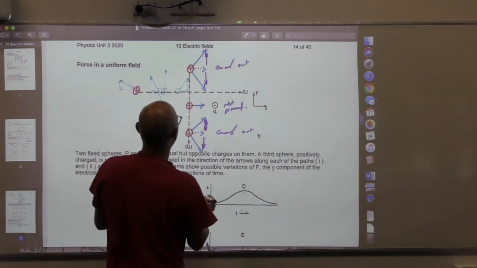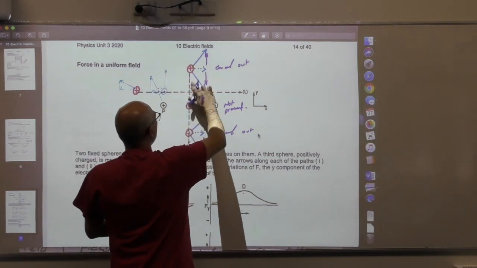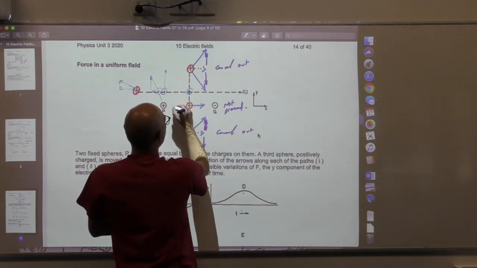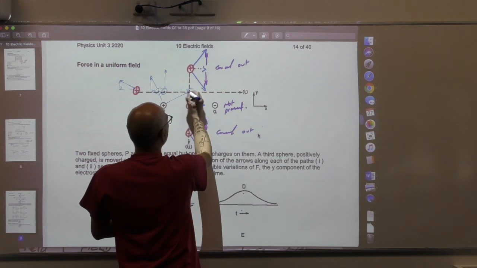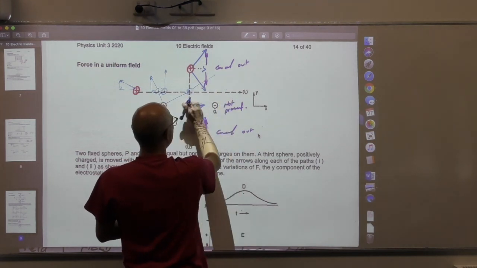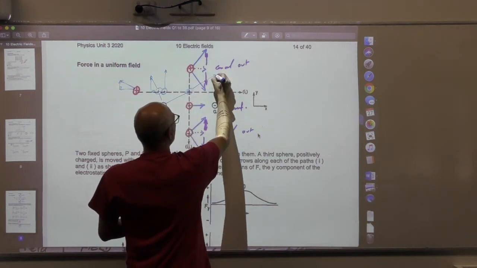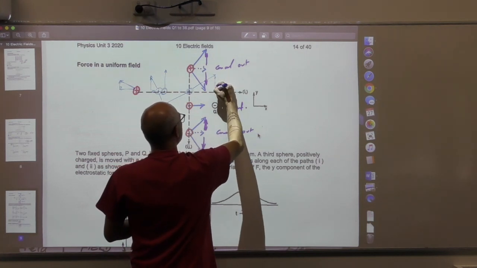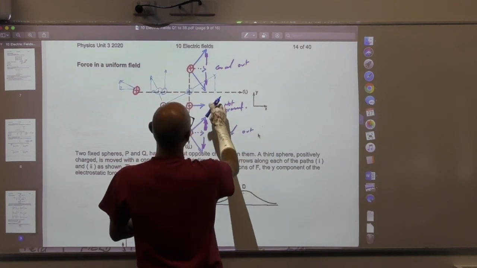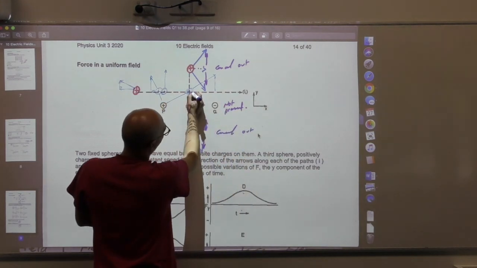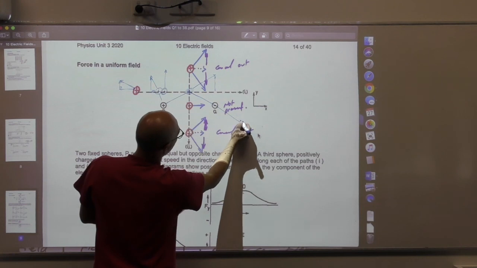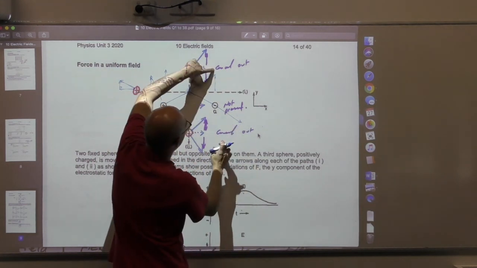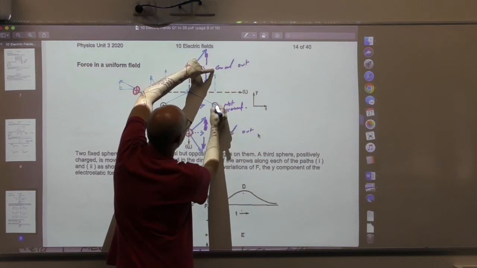Now in the middle, if you look right in the middle, you will have a force repelling it from this guy, which will give a certain y. But because it is the same distance away from the negative charge, which has a force going this way, that vector should be the same as this vector.